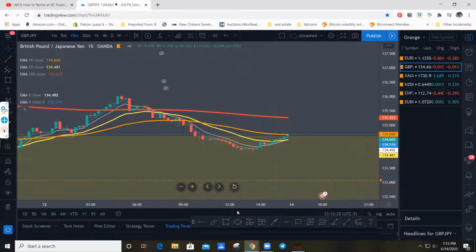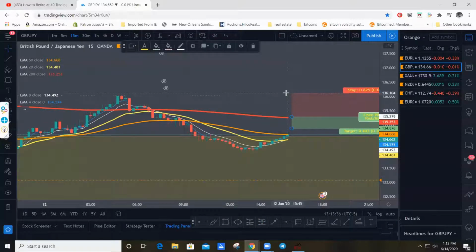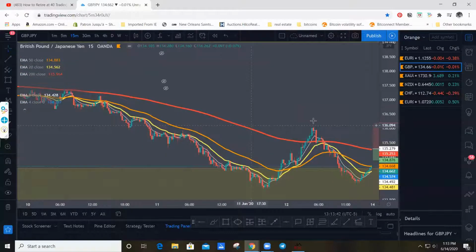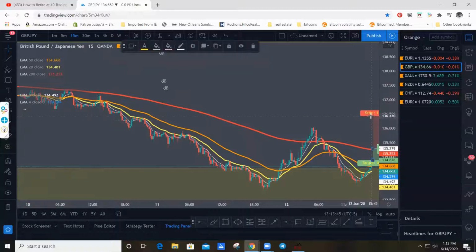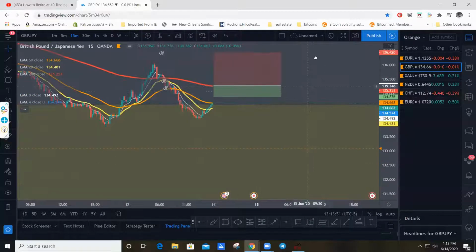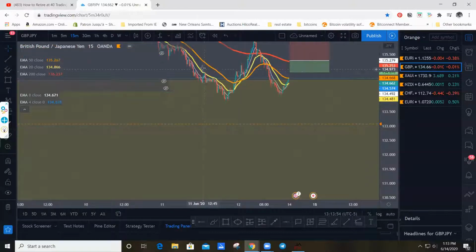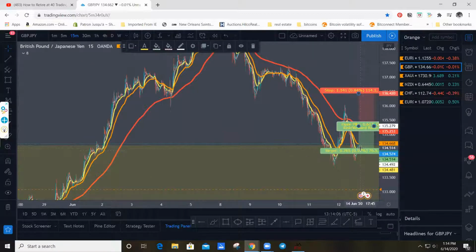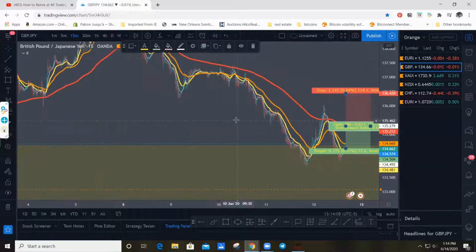More likely it comes to the zone, just in case it wicks back and touches that.